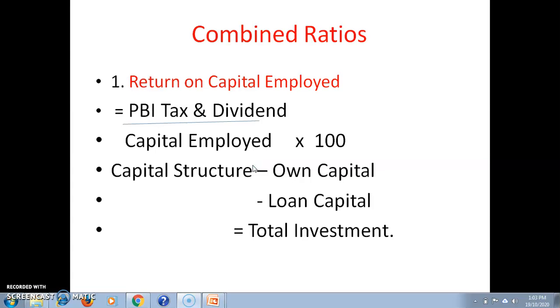For calculation of return on capital employed, two aspects are important. First is the net profit before tax and interest, and second is the capital employed. Net profit, this amount we will find out after preparation of the revenue statement, in vertical format or in horizontal format.